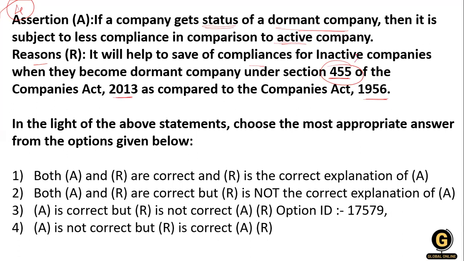The definition of the dormant company and inactive company is given in section 455 of the Companies Act, as compared to the Companies Act 1956, which is the old one. And this is the new one. Clear? So what is the right answer for this question according to you?